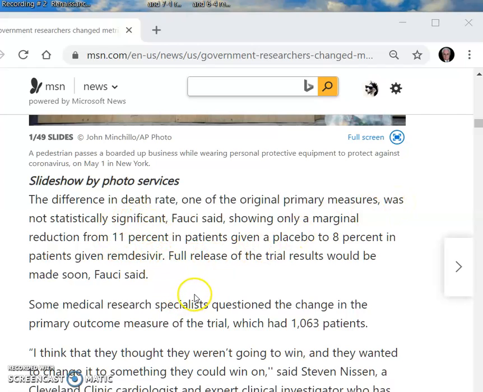So he knows what statistically significant means, okay? But he just didn't choose to say that up above when talking about the mean number of days to recover for the people that did survive. And it showed a marginal reduction in death rate from 11% if they got a placebo to 8% if they're given the drug. So there is an improvement, but it could be just due to random chance, as we've discussed so many times.